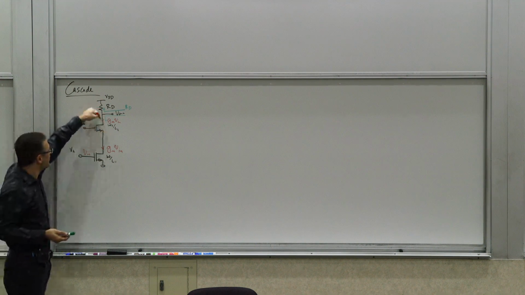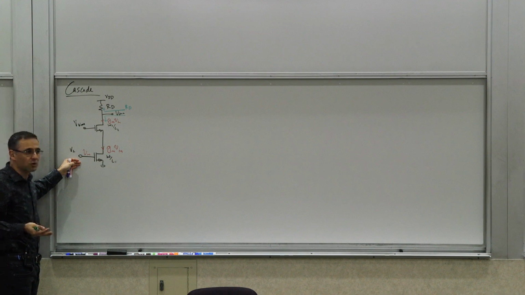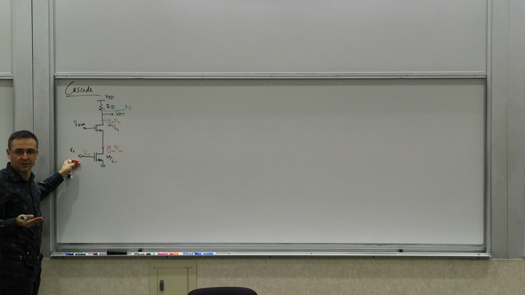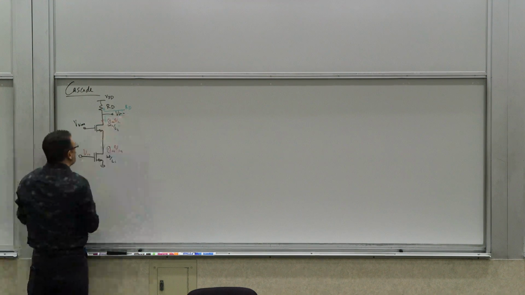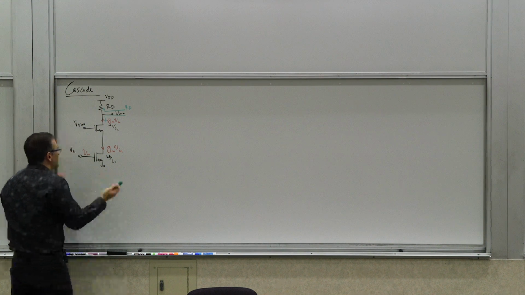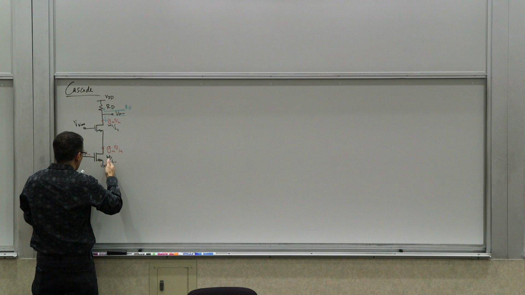Now, what is the resistance looking down here? Again, to evaluate that, I should null my independent source. I'm doing a Norton equivalent, if you want to think about it that way. Now, I'm shorting this, and I'm looking into here, and I want to see what the resistance is. And we've calculated this resistance before. Let's call this M2 and M1.